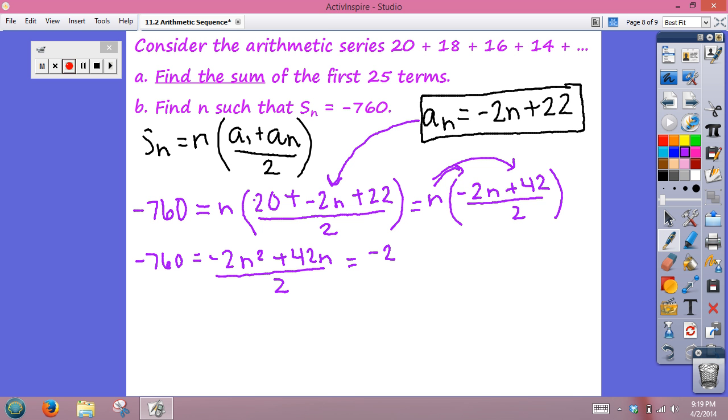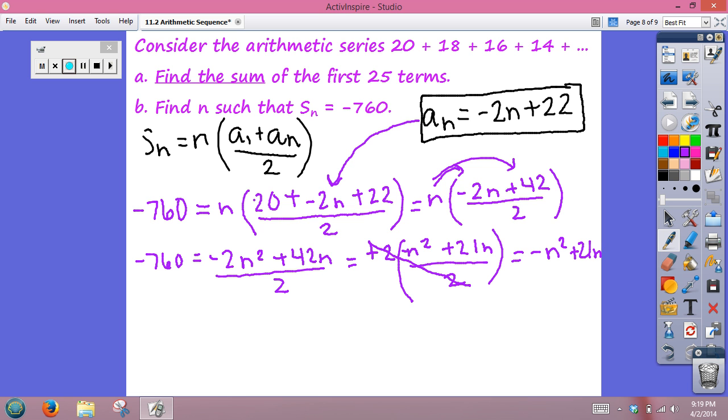Let's just take out a positive 2. Okay, so we get n squared plus 21n all over 2. We can cancel these 2's out to just leave us with negative n squared plus 21n.